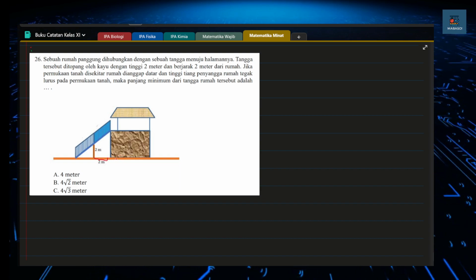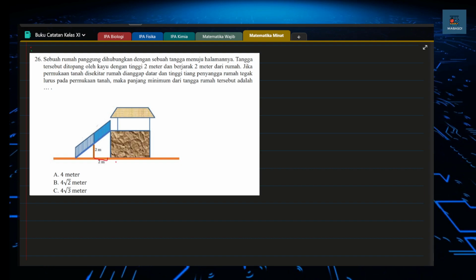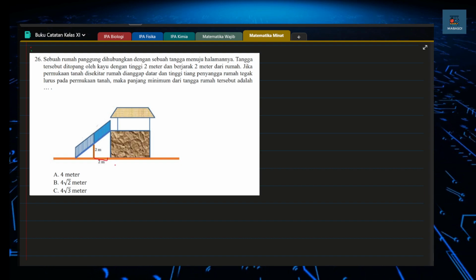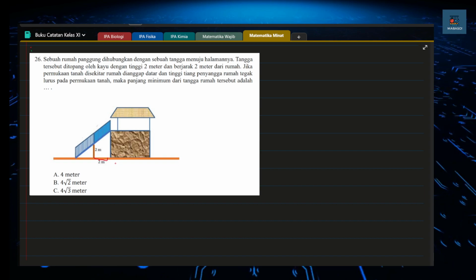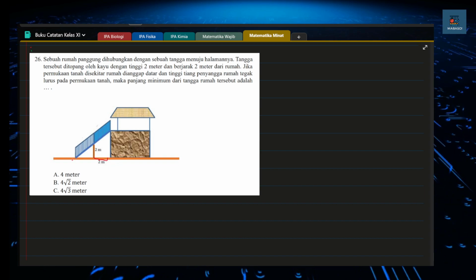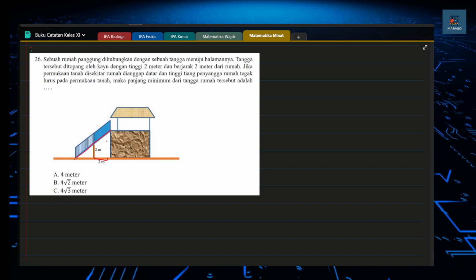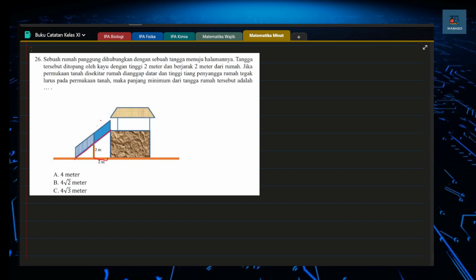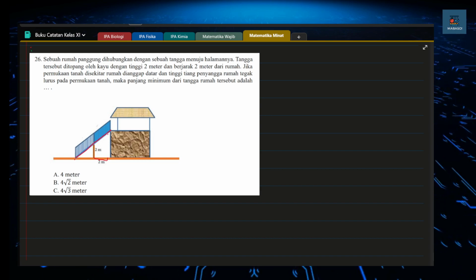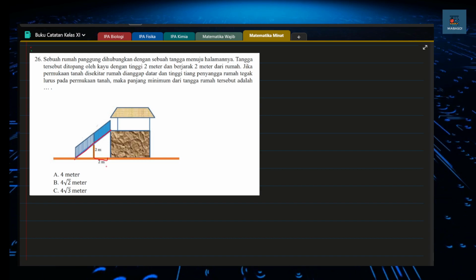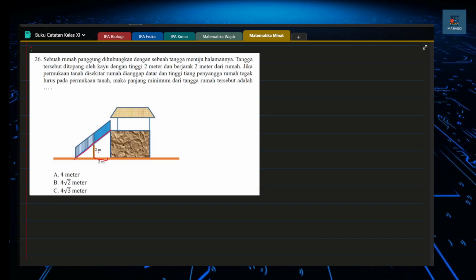The question states: what is the minimum length of this ladder? We have to find the minimum length of the ladder using the information given by the question.